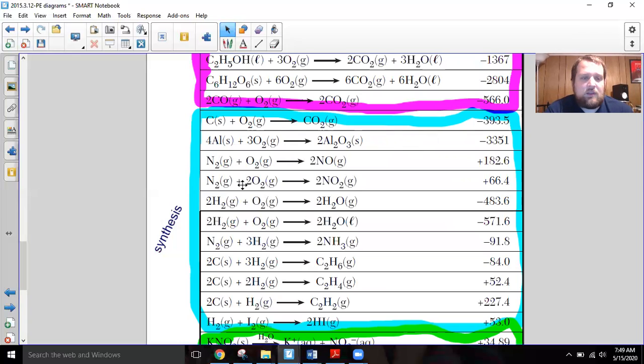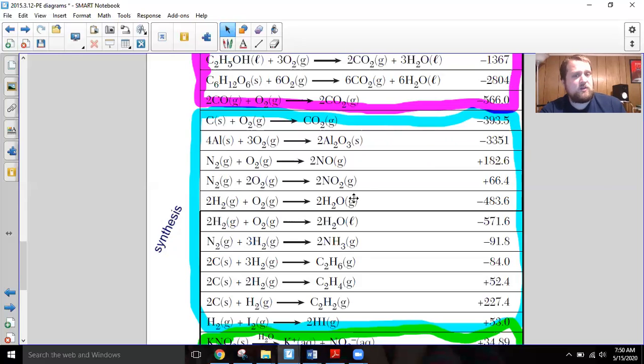One of the interesting things you can use this for, and if you ever do take the Regents, which you're not, when they want to be tricky, they will ask you about decomposition reactions. They'll ask, what's the heat of reaction of the decomposition of water? So you would have to look up on the table, well, I know that the synthesis of water going forward is negative 483.6.